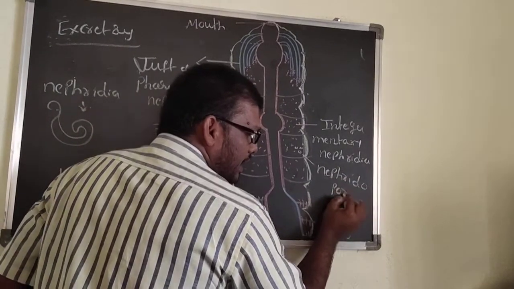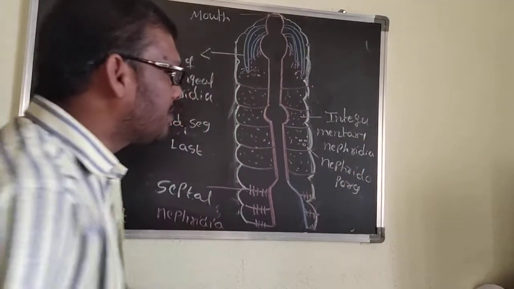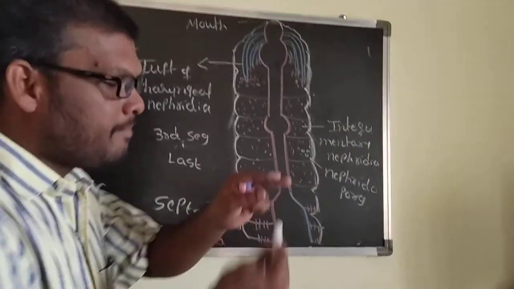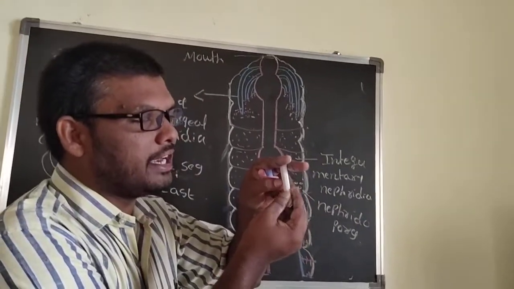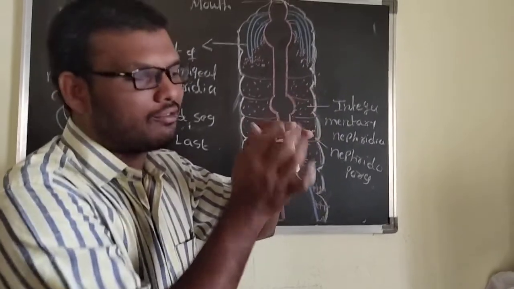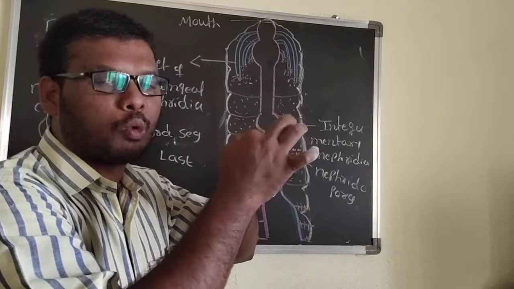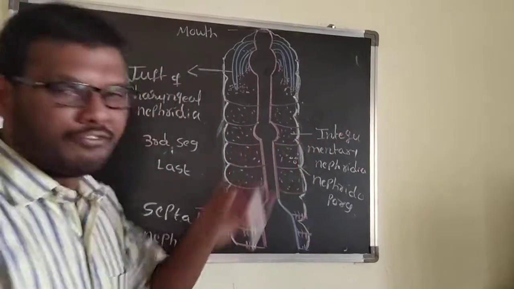I already said the nephridopores start from the third segment to the last segment. The integumentary nephridia are attached to the body wall and open exteriorly through pores, called nephridopores.